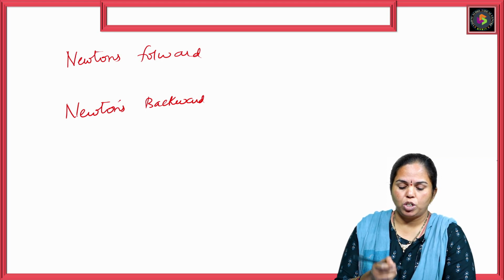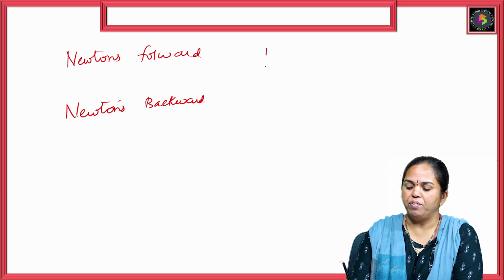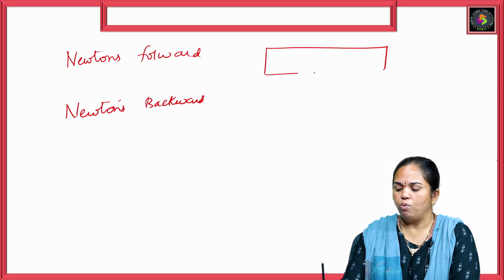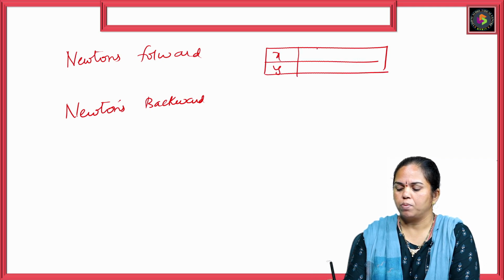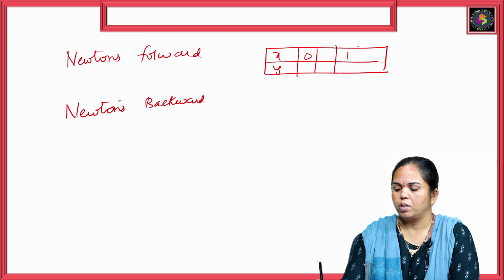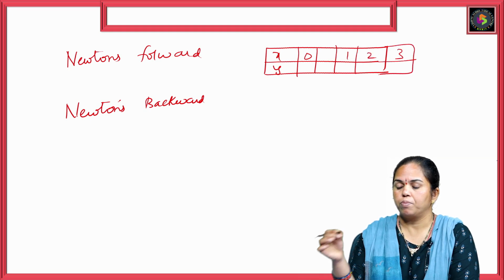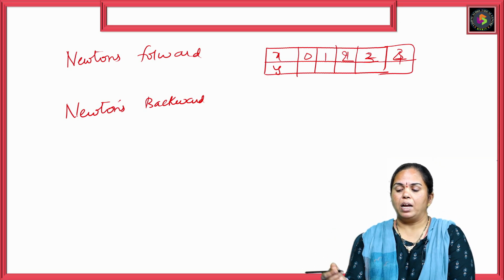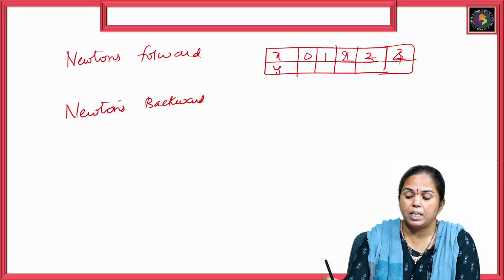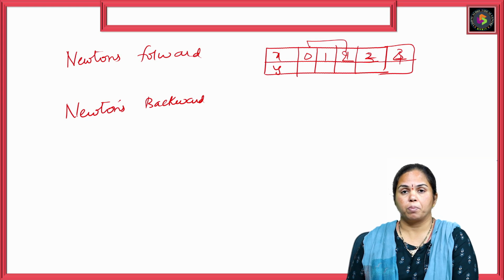We use Newton's forward interpolation whenever our required value is at the starting of the table.